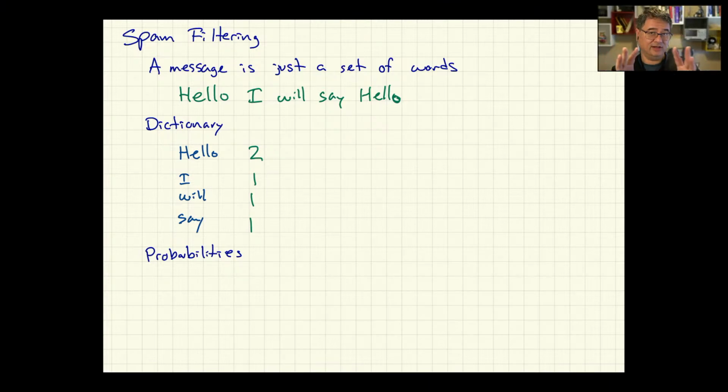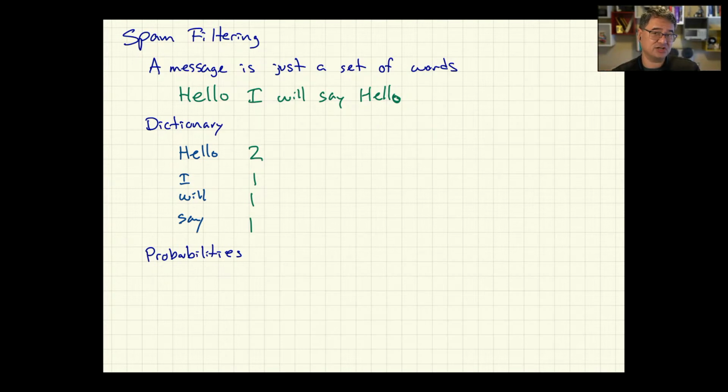Also, the thing to keep in mind about these spam filters is they don't know anything about English or whatever language they're studying. They don't know anything about the grammar or the vocabulary. All they look at is the words that they see. Any word that doesn't appear in its corpus of messages simply doesn't exist.